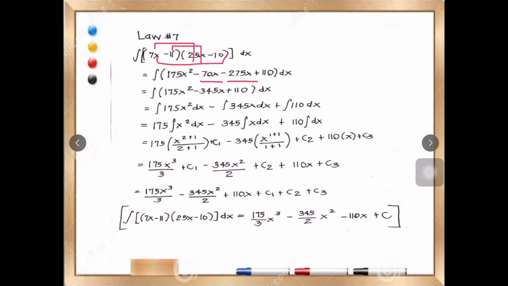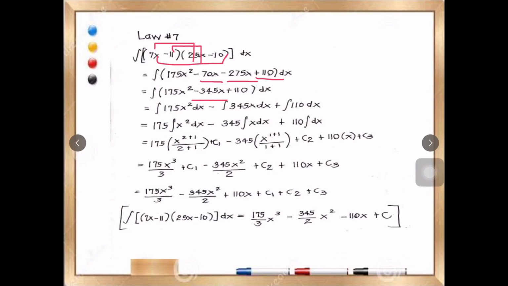Last, negative 11 times negative 10 is positive 110 dx. Simplifying, negative 70x minus 275x, we will get negative 345x.